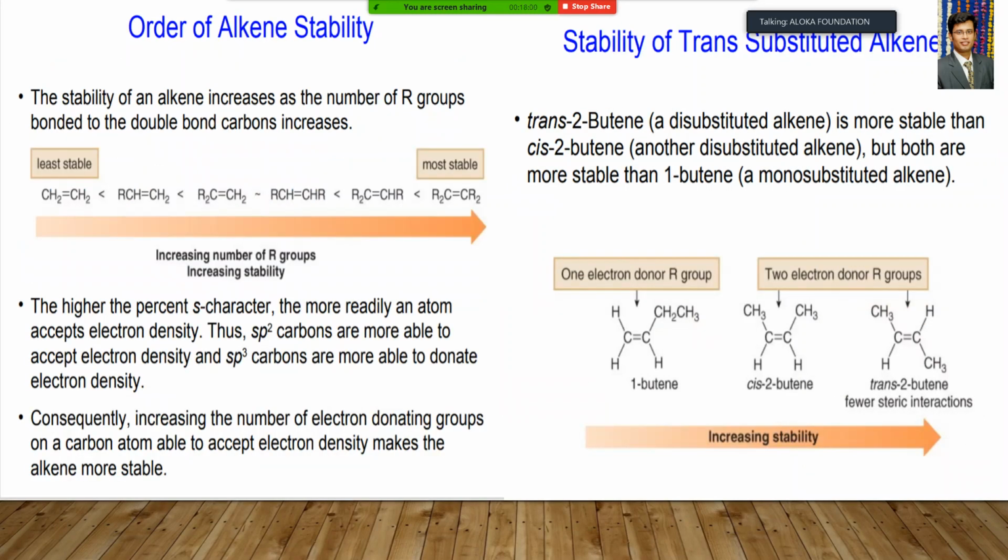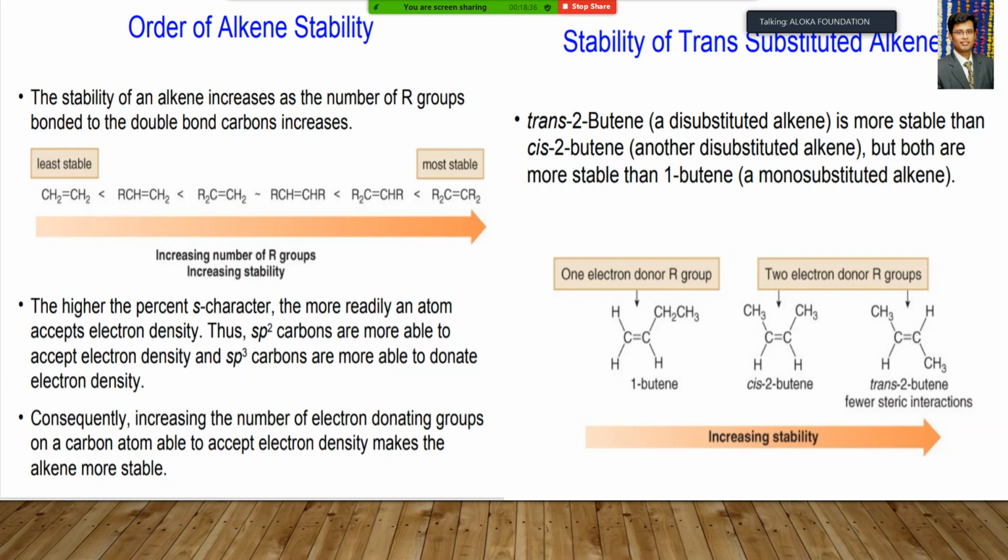Order of alkene stability: the stability of an alkene increases with the number of alkyl groups bonded to the double-bonded carbons. As alkyl substitution on the alkene increases, the stability increases. The most stable is the tetra-substituted alkene, where all four positions are substituted by alkyl groups.